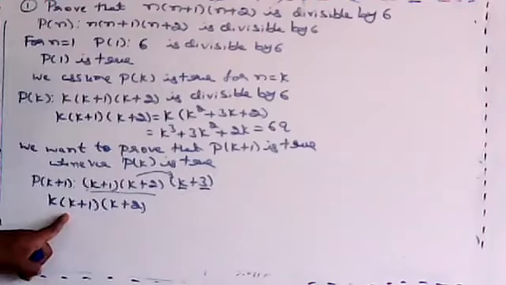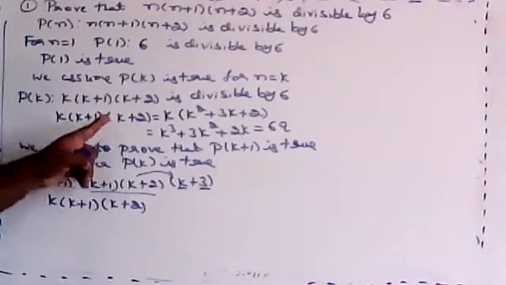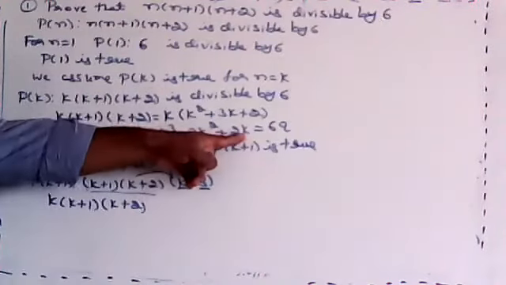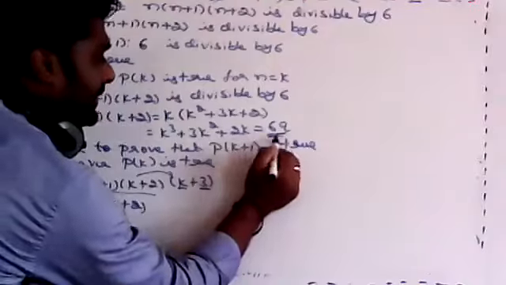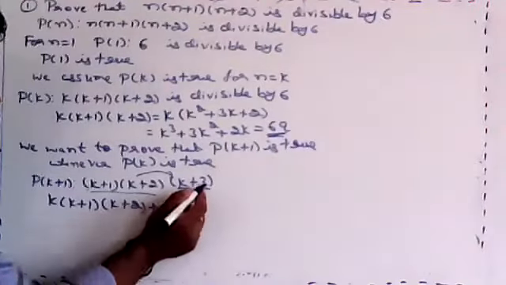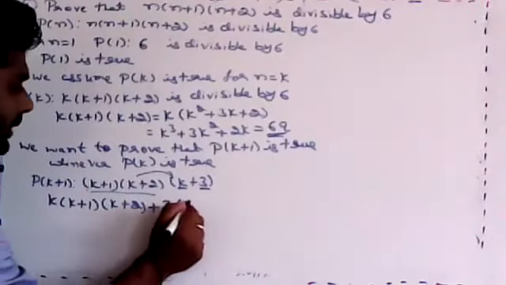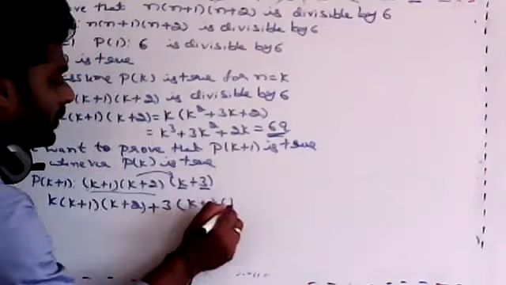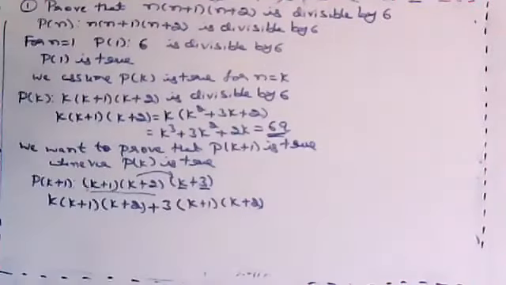So we'll get k into k plus 1 into k plus 2. That is nothing but 6 cube, correct? Plus next you multiply 3, 3 into k plus 1 into k plus 2. Clear or not this step?